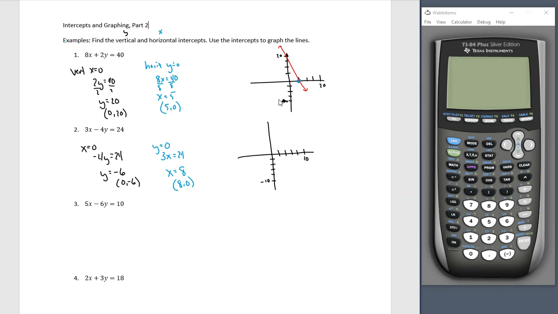I shouldn't scribble it out, I should make it look nice. I have it labeled up here appropriately. So we have 0, negative 6. Make the dot big if you need to be able to see it. And 8, 0, and we can draw the line between them.